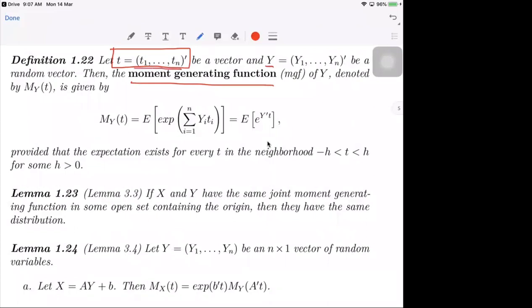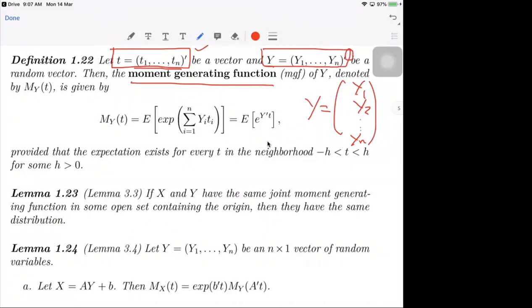So if your y is an n by 1 random vector, your vector t is also an n by 1 vector. So we have a vector t and you have your usual vector y, and this is the transpose. So your y is written in this manner, as well as your t, no?